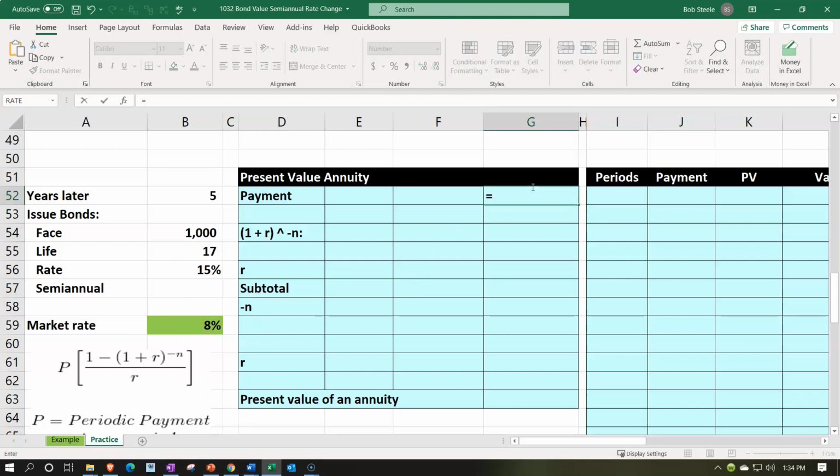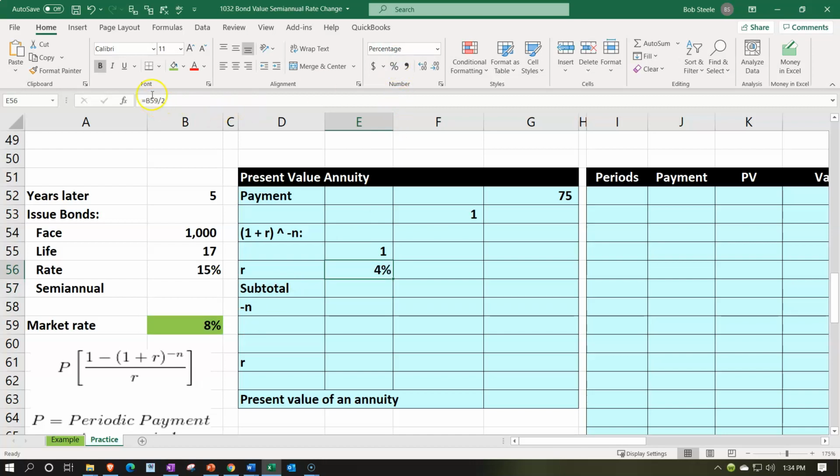Take a look at it in our table format. We've got the 1,000 times the 15, the rate on the bond, divided by 2 because it's semi-annual. And there we have that, and that's the same. Then we have 1, I'm pulling into its own column. Now we're looking at the numerator, 1 plus R to the negative N. 1, R, now the market rate change, 8%, divided by 2 because this is semi-annual. Numbers, percentify that.